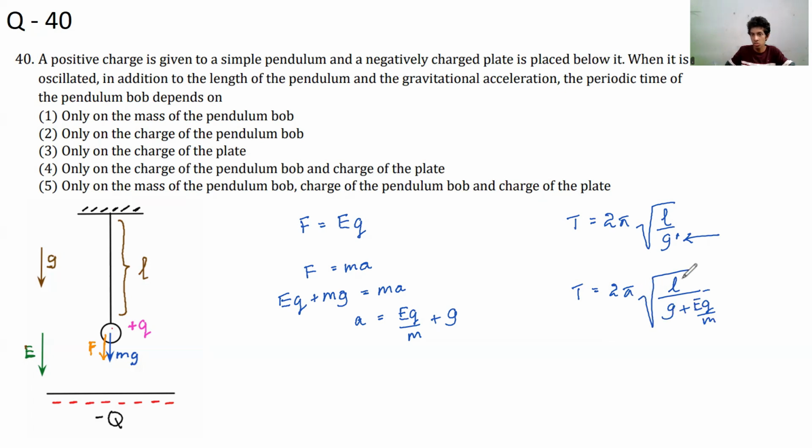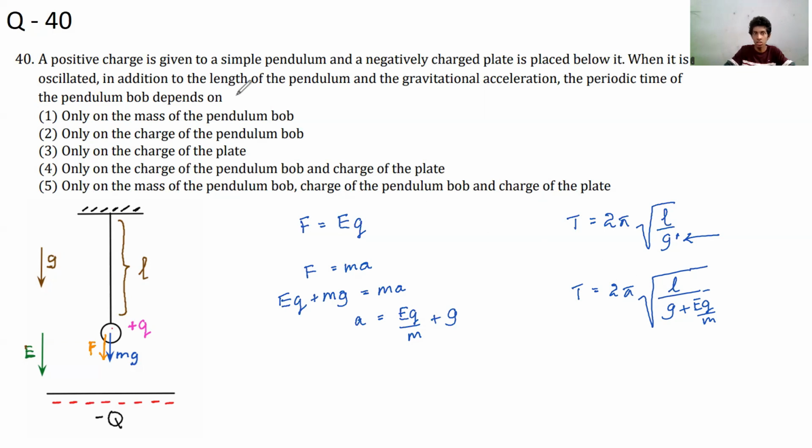Using this equation, we can find the factors the periodic time of the pendulum bob depends on. It depends on the length of the pendulum, the gravitational acceleration, the mass of the pendulum bob, the charge of the pendulum bob, and the electric field intensity E. The electric field intensity E depends on the charge of the plate.